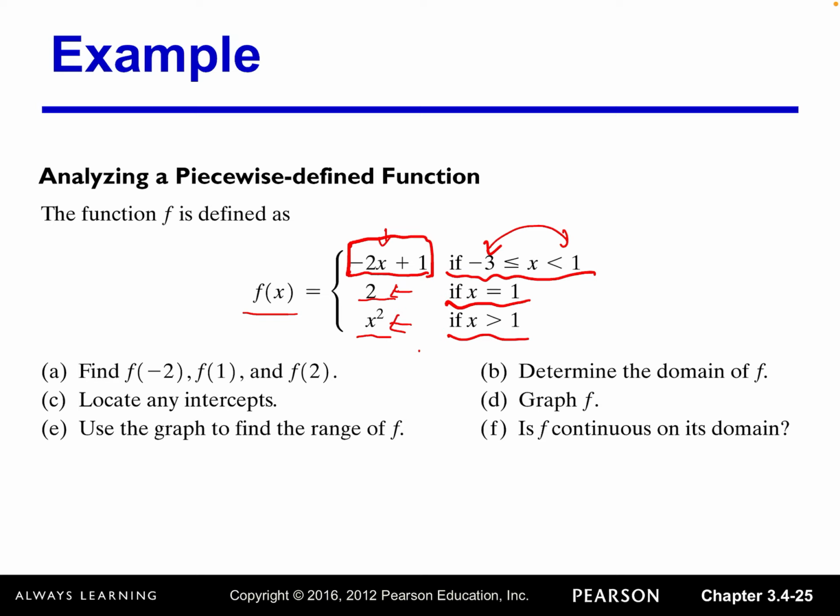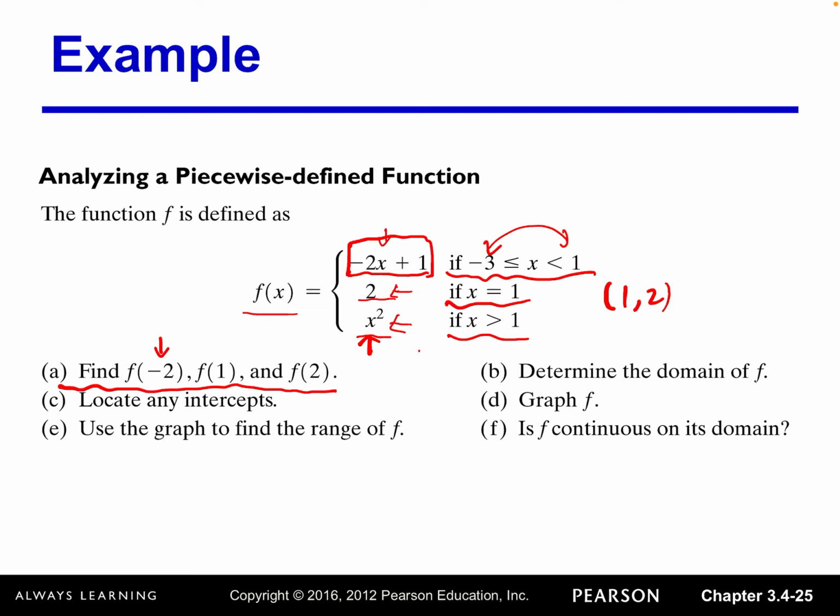If x equals 1, then f of x equals 2, so it's just a point: when x equals 1, y equals 2. When x is greater than 1, we use the square function to define f of x. So to evaluate a piecewise-defined function, we need to see which subdomain the value of x falls in.